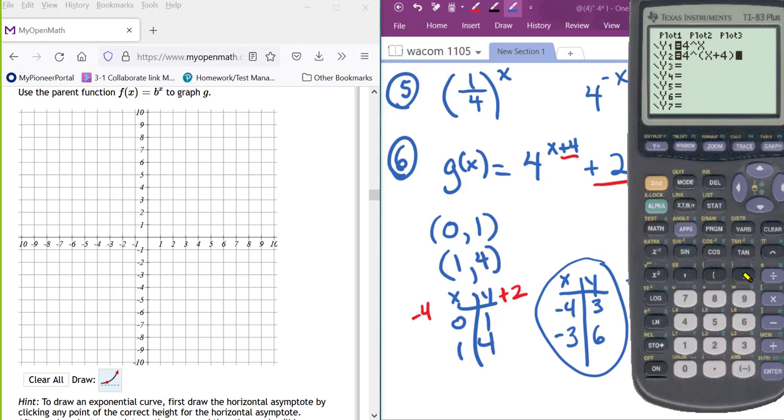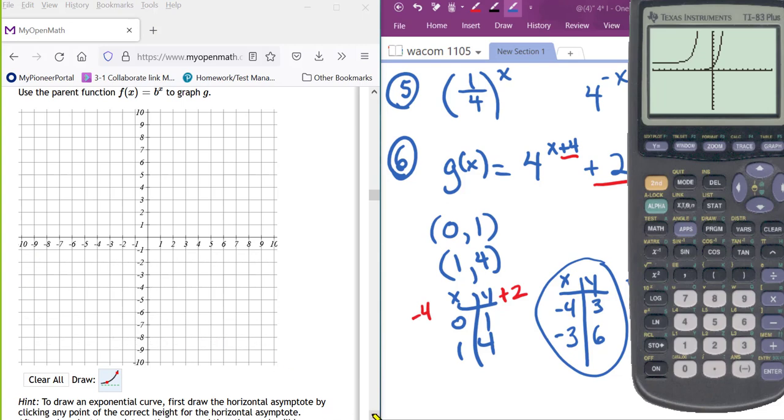If you have the TI-84, you need to go down there with a down arrow. And let's graph this one. So our first one will still be there. And so we're moved up and we're moved to the left. But you can see your asymptote has moved up too.